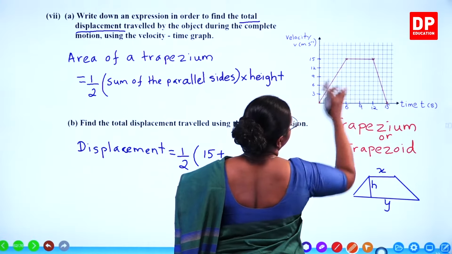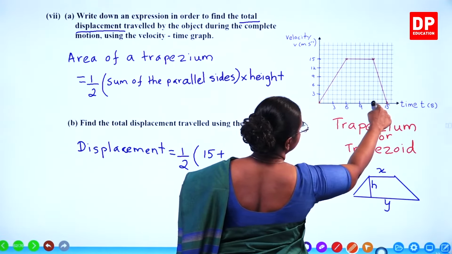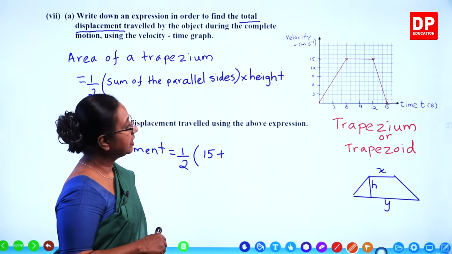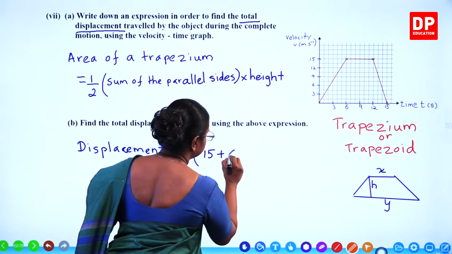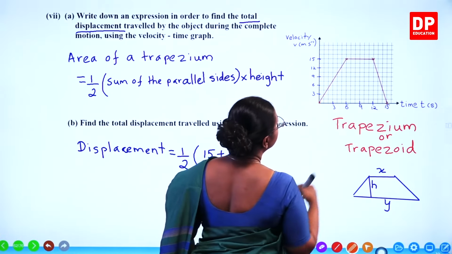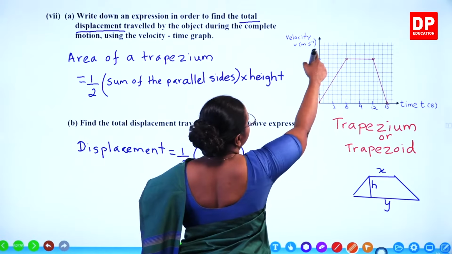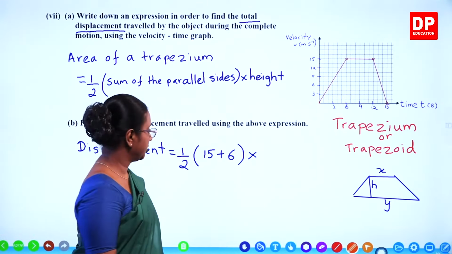The short side of the trapezium, that is from 6 to 12, the length of the short side is 6 meters. And we multiply by the perpendicular height, that is this height, the maximum velocity obtained by the object.